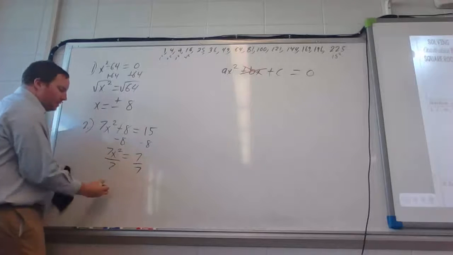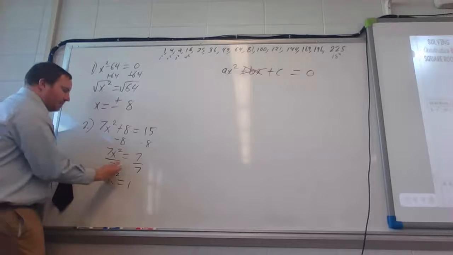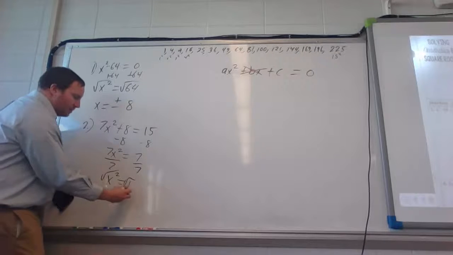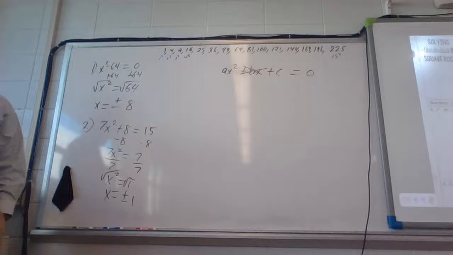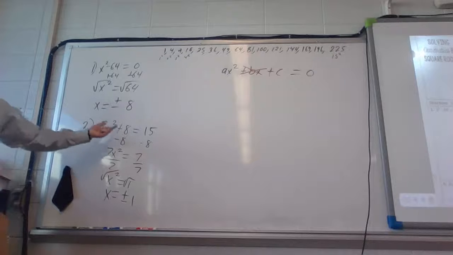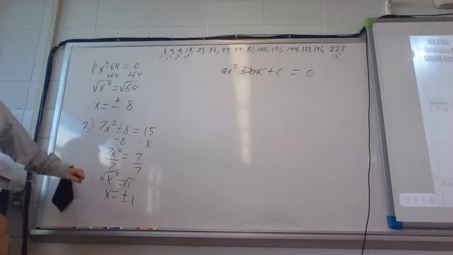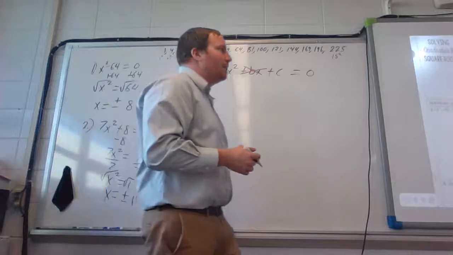Divide by 7. That gives you x squared equals 1. And then you square root it, and you get x equals plus or minus 1. Perfect. So again, solving by square roots, isolate your x squared, do your addition and subtraction first, then do your division, and then take that square root would be your last step, and simplify if you can.